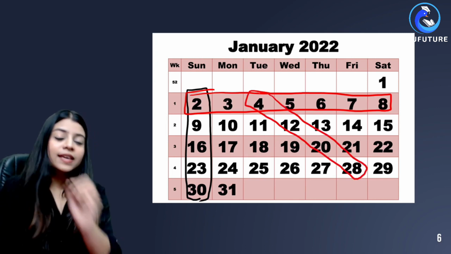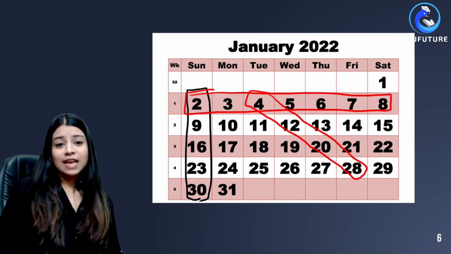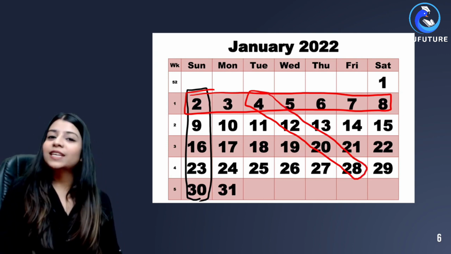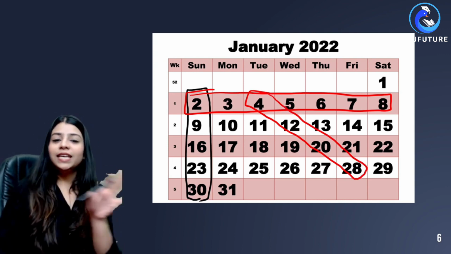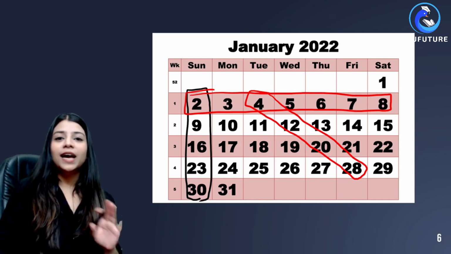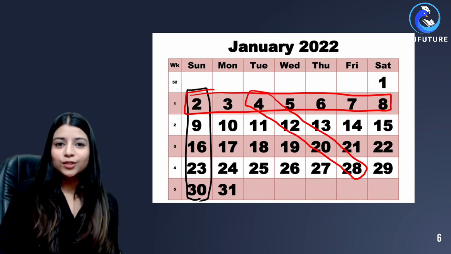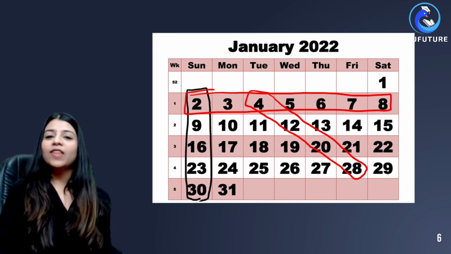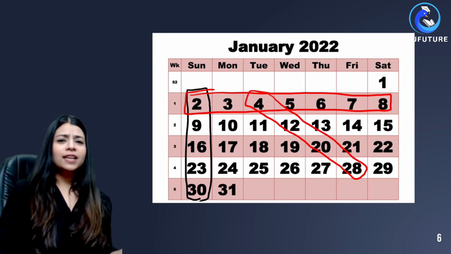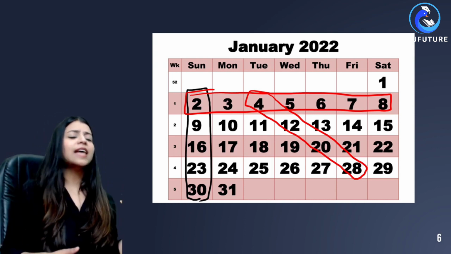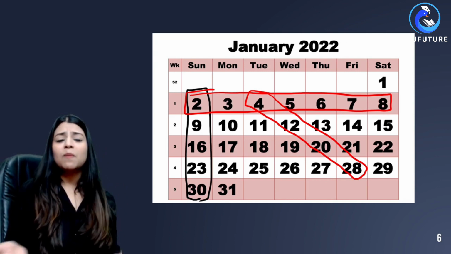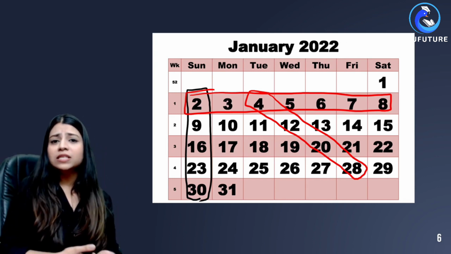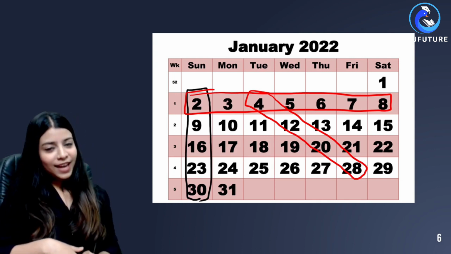Again, the gap between the numbers is 8, and this also forms an AP because the gap is constant. So any row, any column, diagonally, horizontally, vertically, you can take in this and that will form an AP. So in calendars, in taxi fares, in salary increments, whether monthly or annually, that forms your AP.